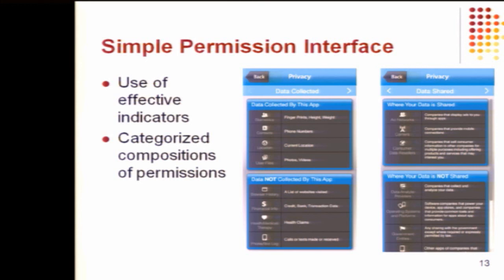The shared data in effect provides a shorter version of the privacy policy. So the lengthier privacy policy is now compressed into the data shared, which can inform about how long the data is kept and so on.